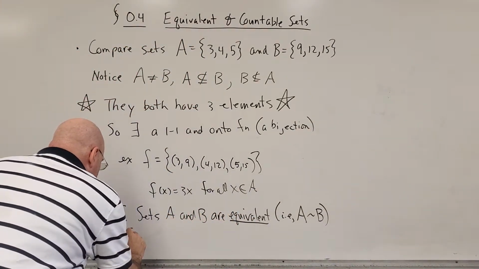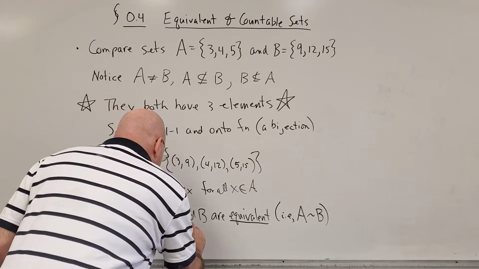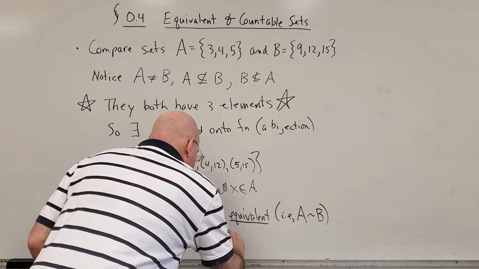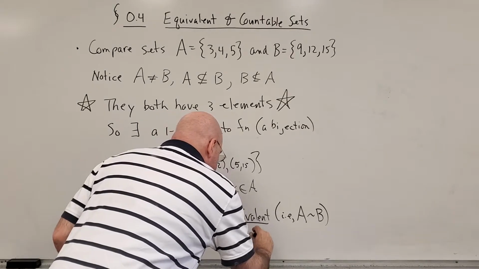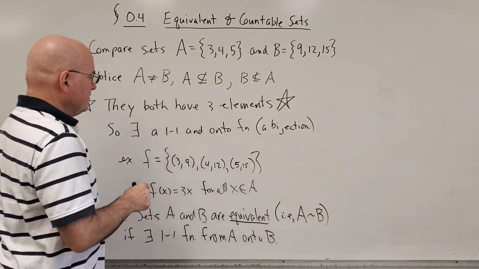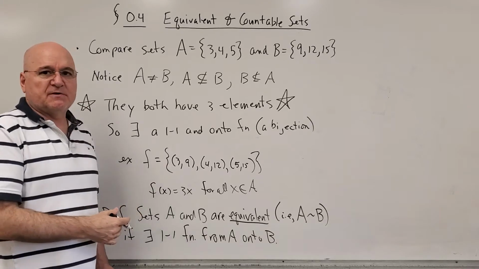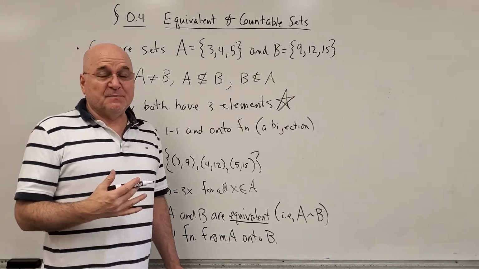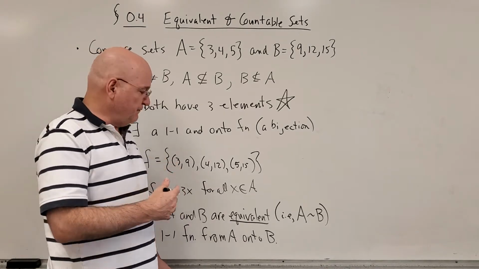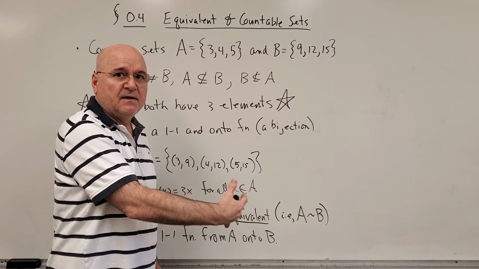If there exists a one-to-one function from A onto B. Just like we showed in this previous example, a bijection from A onto B. And it should be easy to see that if there is a one-to-one and onto function that maps A onto B, there is also one that maps B onto A.